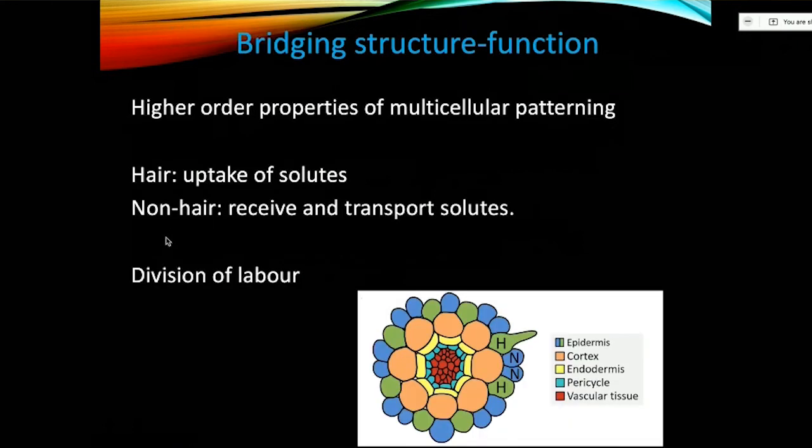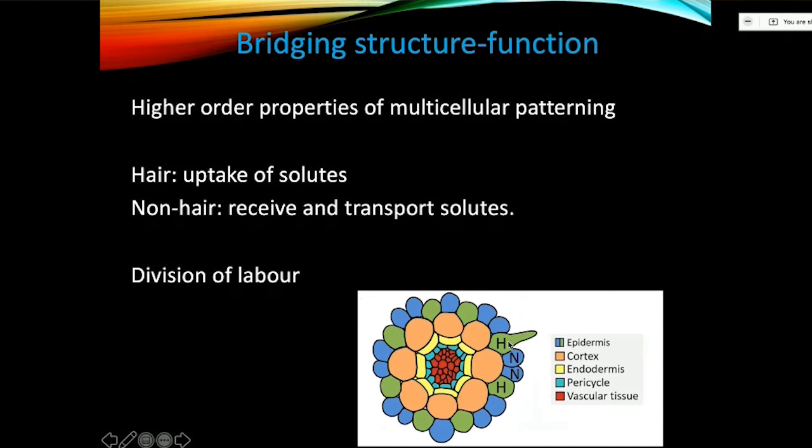So coming around to bridging structure and function, we've looked here at a higher order property of multicellular patterning in the plant hypocotyl. And what we're proposing here is that the fact that we have these two different cell types and they're organized in the way that they are, this represents a division of labor. So we have the cells which produce hairs, these green ones. These are taking up solutes and water from the soil.